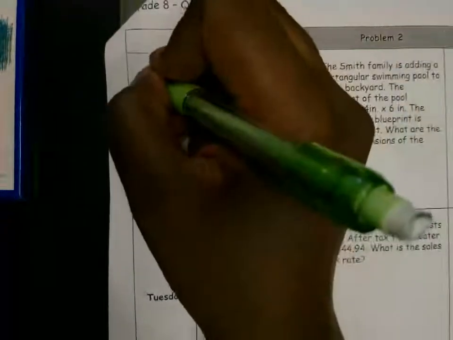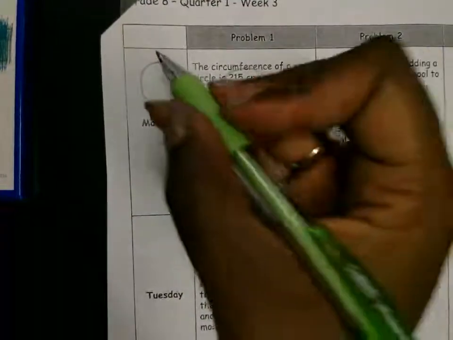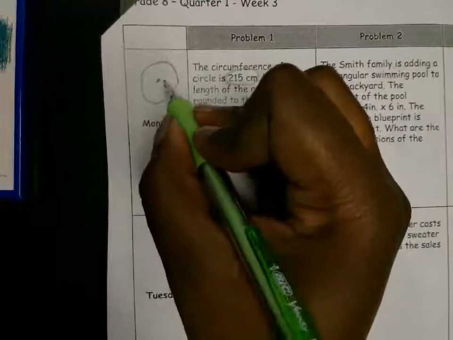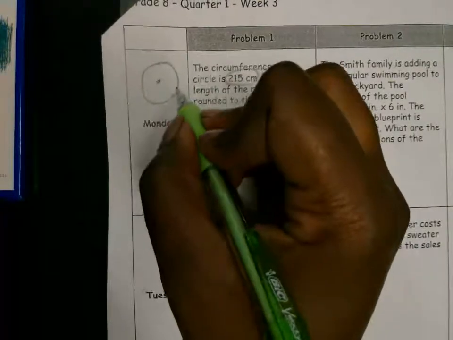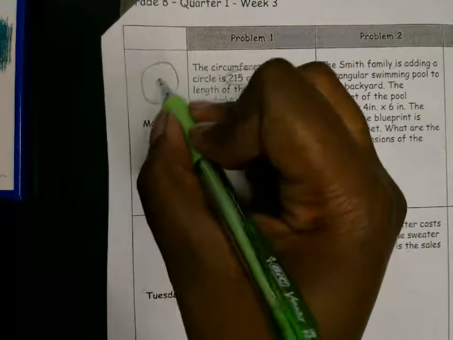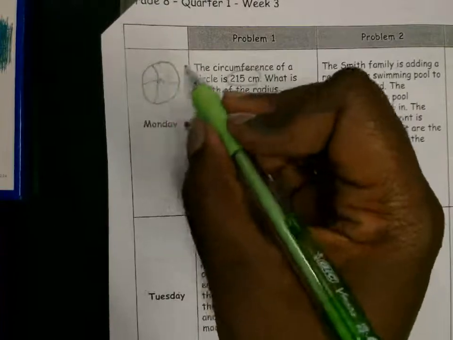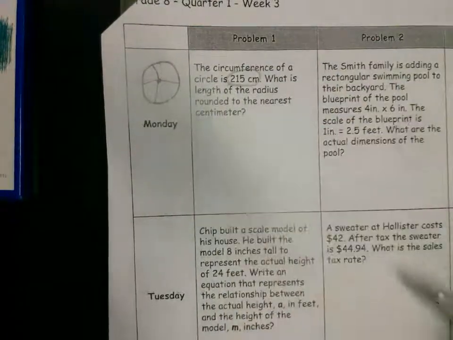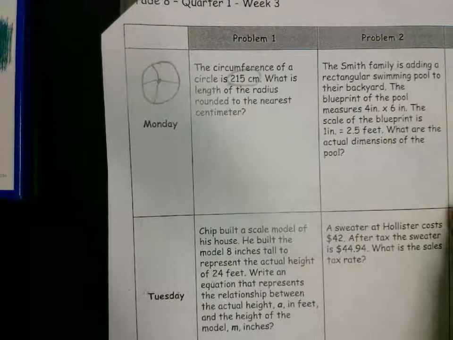A true circle has a center where all the radii, which is plural for radius, have the same measurement. So this length is the same as this length, it's the same as this length, like a wheel. That's a true circle. My circle looks lopsided, but just pretend it's the best circle you've ever seen in your life.